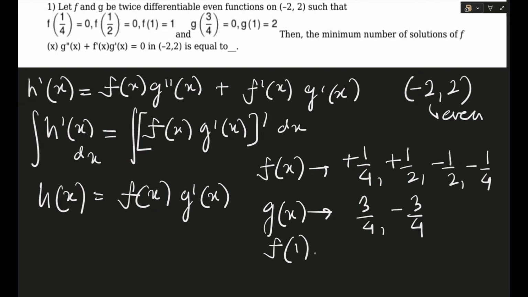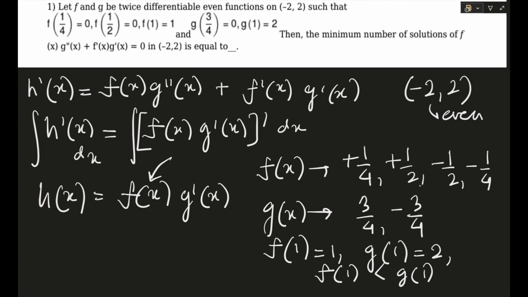First, f of 1 is equal to 1 and g of 1 is equal to 2, which shows us that f of 1 is less than g of 1. So, to find the number of roots for f of x into g dash x, the number of roots for f of x is 4.